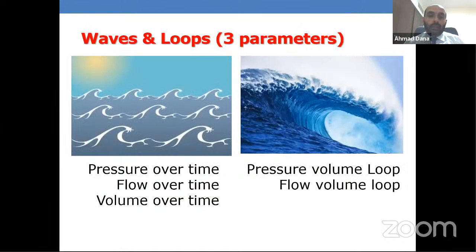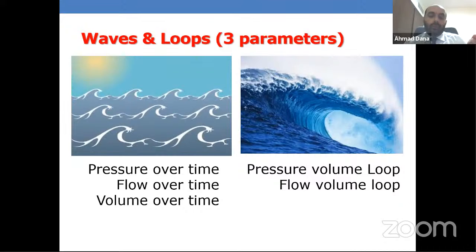Now, this is just to understand the importance of the graphics. The graphics has two types, either waves or loops. We have three parameters that the ventilator can measure: the flow, the pressure, and the time. Of course, there is one more measure, the volume.